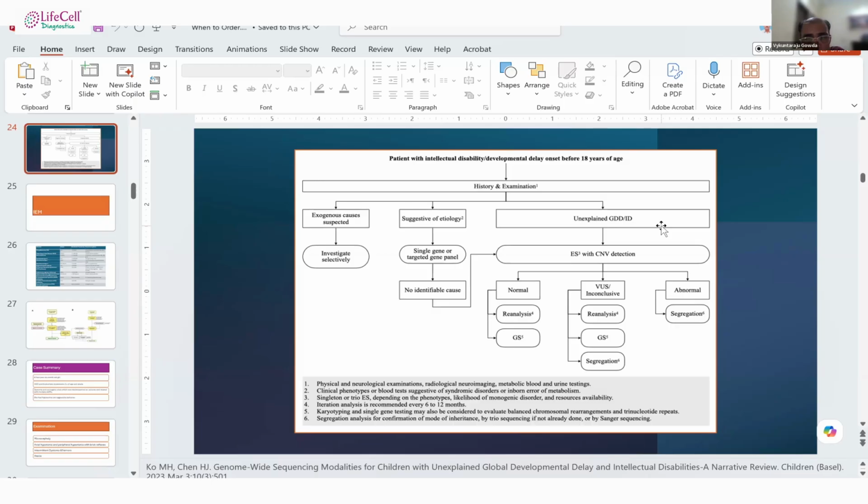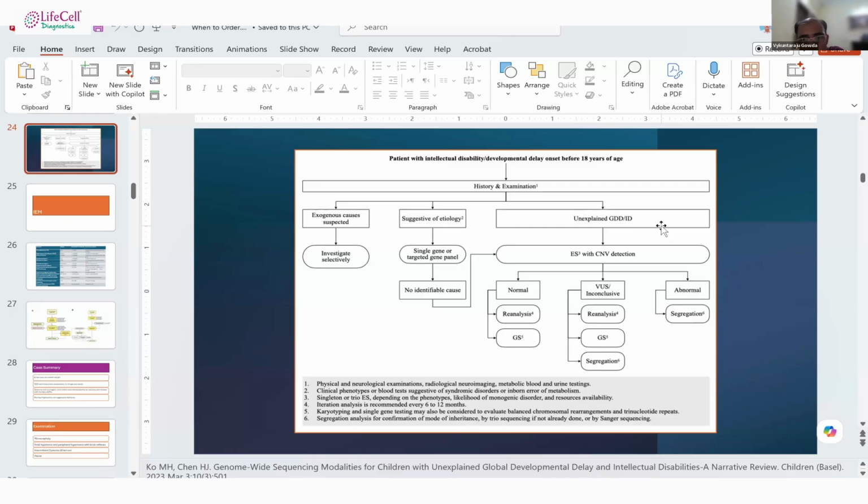If available, and since cost is not a factor, whole exome versus gene panel costs the same. If you are not sure exactly which gene you are thinking of, you can go for whole exome sequencing rather than a gene panel, because a gene panel depends on which country or lab is doing it and may not include all genes. Many neurometabolic disorders can present with epilepsy in the newborn period.